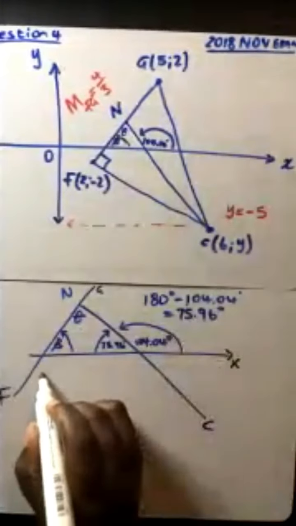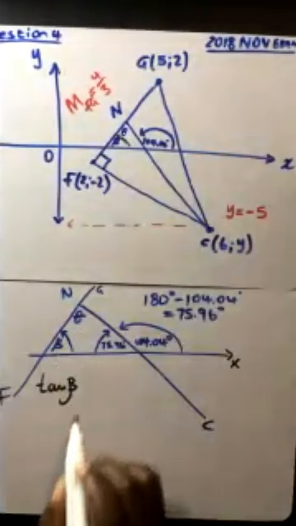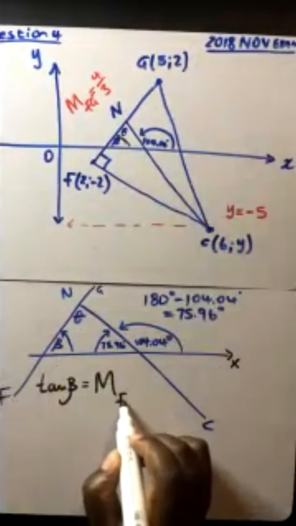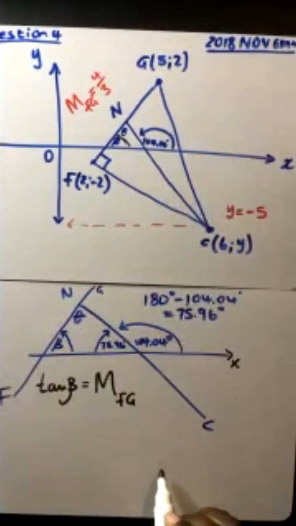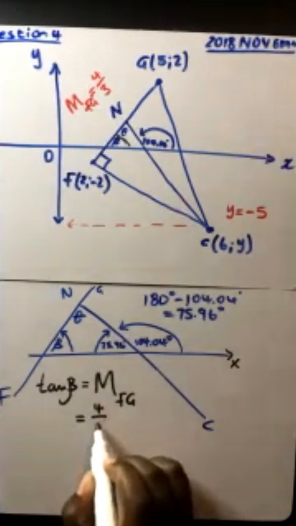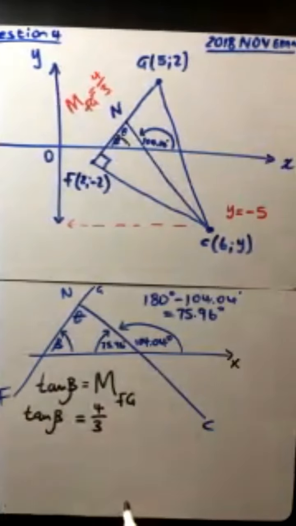So I can say tan of beta in this case is equal to the gradient of FG. What is the gradient of FG? Do we have it, guys? Yes, sir. It's 4/3, which is equal to tan angle beta.